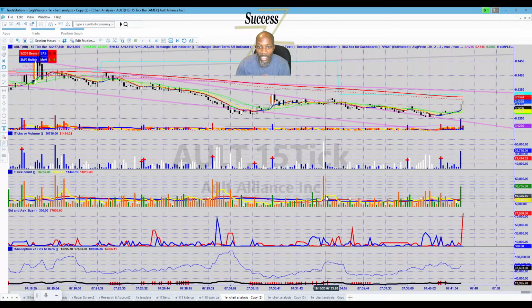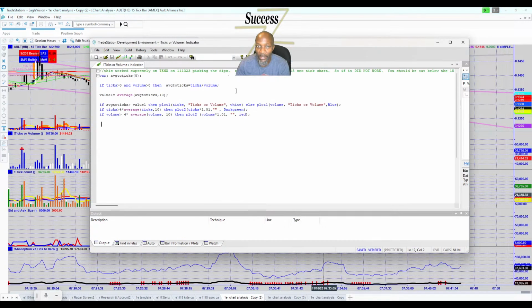If you look to the right-hand side of your screen, you see that's roughly 20,000. But in order for this to have a green cross, it's going to have to be like 80,000. It's going to have to be 4 times. Now I can adjust that threshold. Let me see. Yeah, okay, I have it at 4 times.